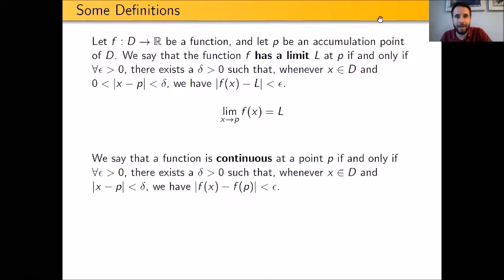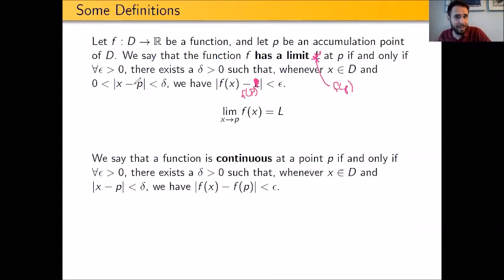Indeed, if I assume that my function actually exists at p, that p is a point in my domain, and if I were to change my limit L to the expression f of p, right, then I can look through the definition up here and get an f of p.